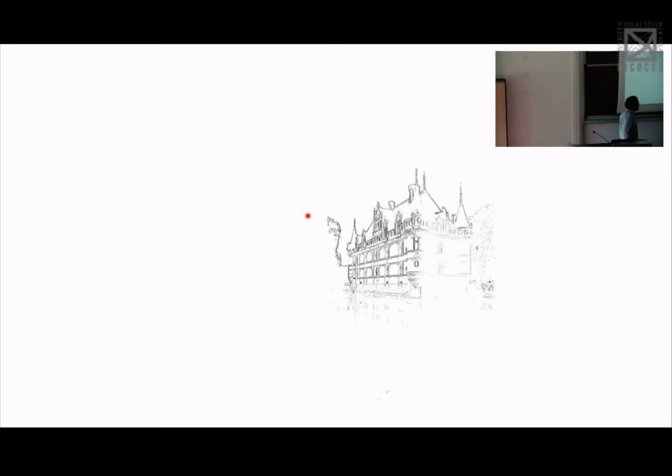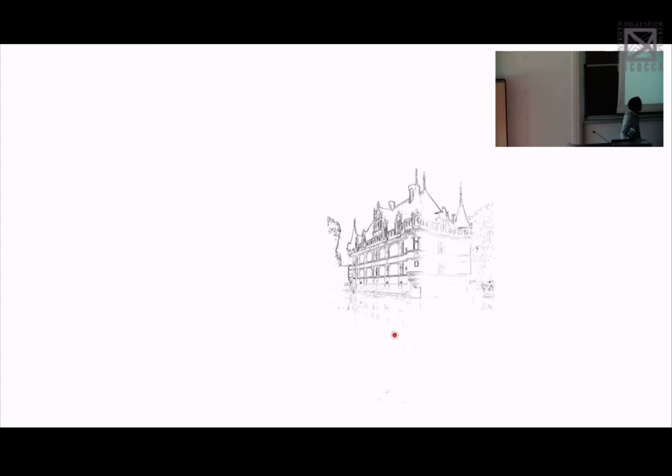Now, next thing, if you take a look at this image, which you might think of as a pencil sketch, I hope you can recognize what it is. It's a kind of medieval mansion, and you might even recognize that we have some woods there.